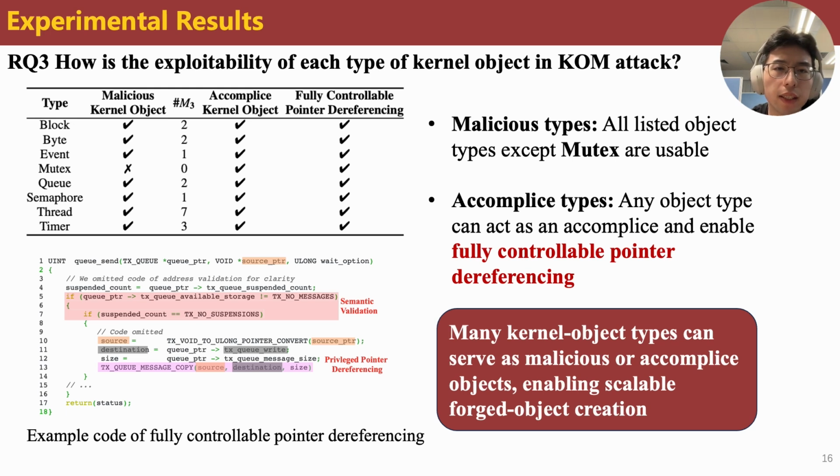In fact, linked list operations in ThreadX make pointer dereferences particularly powerful. In this left figure, we show a system call of QSend. It is an example code for fully controllable pointer dereferencing. We can see that by dereferencing the queue pointer, we can write arbitrary memory content through the system call parameters.